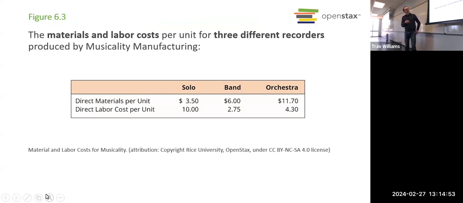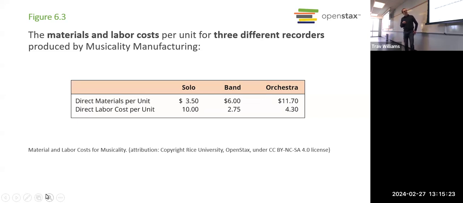They've got the solo recorder, which is basically their basic introductory level recorder, like the kind you might use in an elementary school. But then you've got the band level recorder. So this is a little bit higher quality, and costs a little bit more. And then they've got the orchestra level recorder, which would be their top of the line. Okay, so 3 versions of the same product.